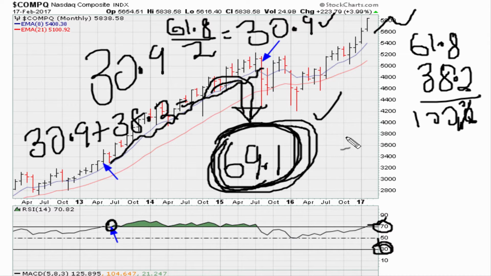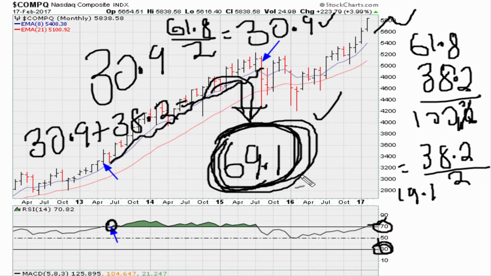Another way you can do that is let's take 38.2 divided by 2. We get 19.1. Now this 69.1 is actually 50 plus 19.1, which again we end up getting 69.1.